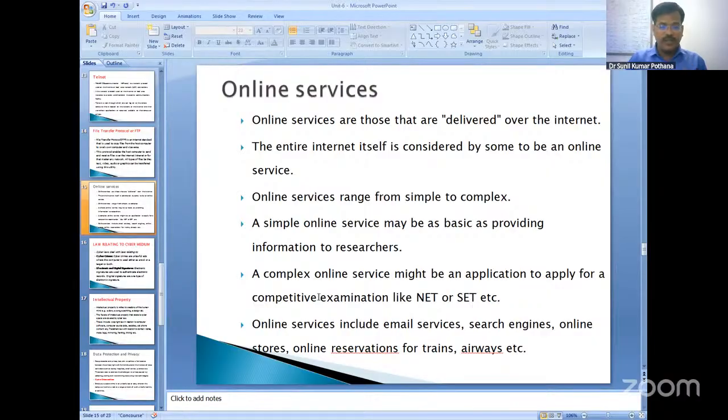Another important topic is online services. We are now using online services all over the world for our day-to-day activities. For food, we have to give orders online. For exchange of money, we are using online.